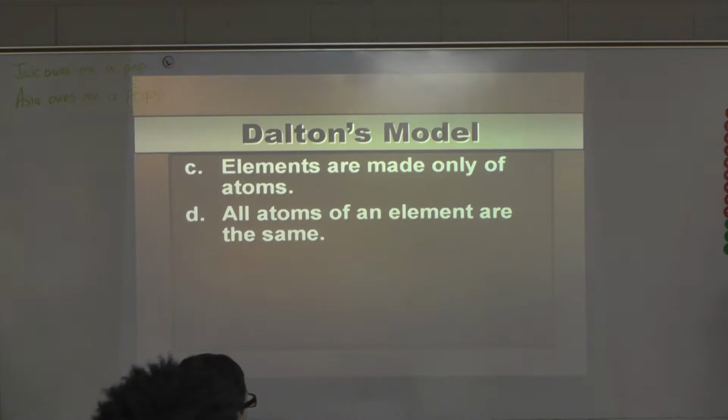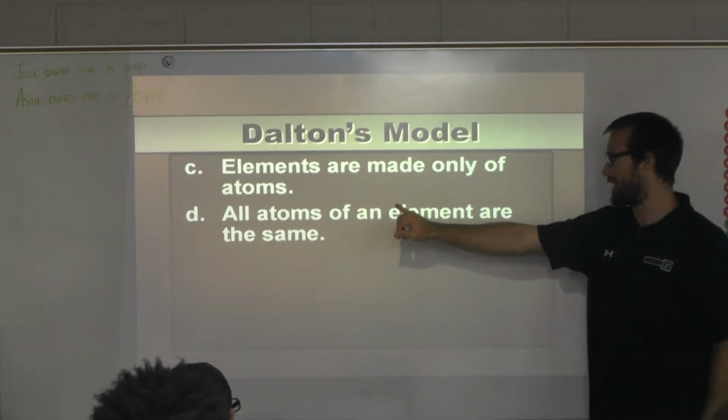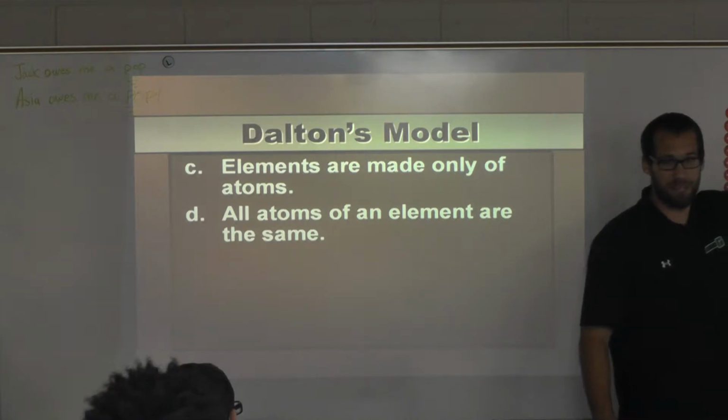What an isotope is, each of these individual atoms up here, like magnesium, okay? All magnesium atoms have 12 protons. All magnesium atoms have 12 electrons. But not all magnesium atoms have the same number of neutrons. And since they have different numbers of neutrons, can you say that all of the atoms of a particular magnesium element are exactly the same?